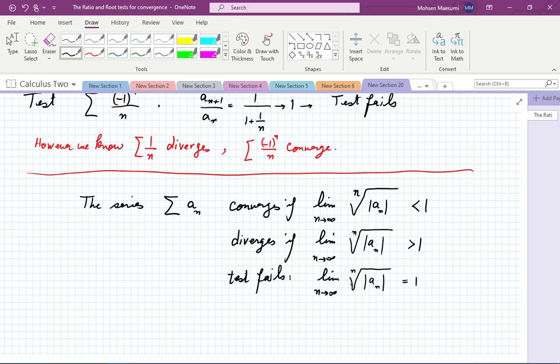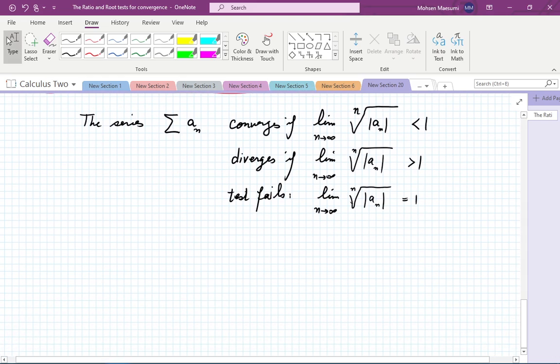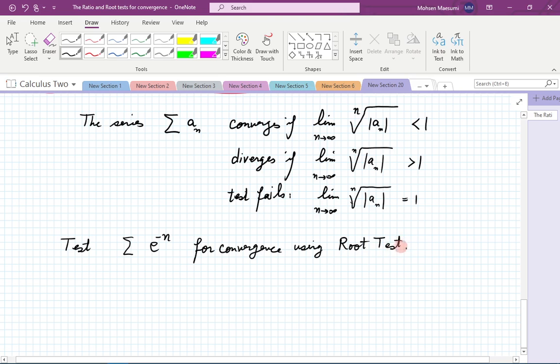Okay, what would be the simplest of this? Let's do an extremely simple case. Very simple case: sum of exponential of minus n.